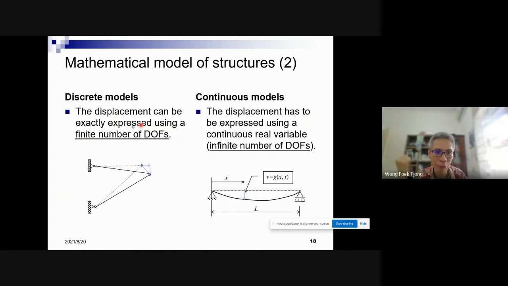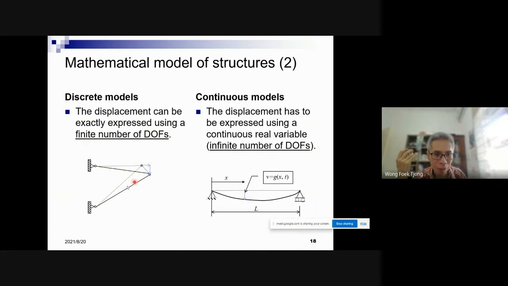So the keywords are finite number of degrees of freedom. For example, if we have a truss, this is the undeformed or initial configuration. After some actions, for example due to mechanical force, the truss deforms to here.